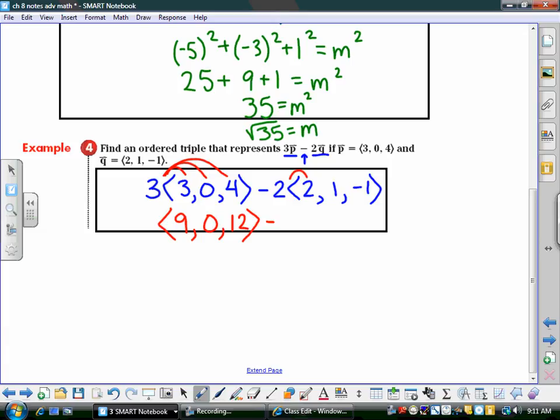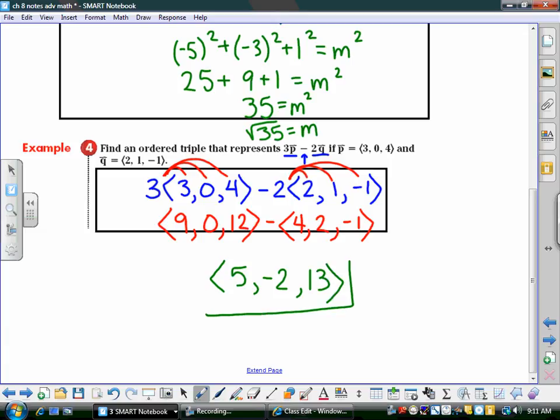And also multiply on the second one. And then subtract. And be really careful of your negatives when you subtract. That's our answer in vector form.